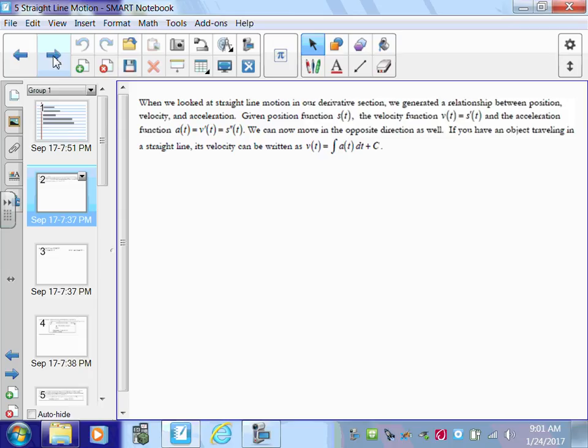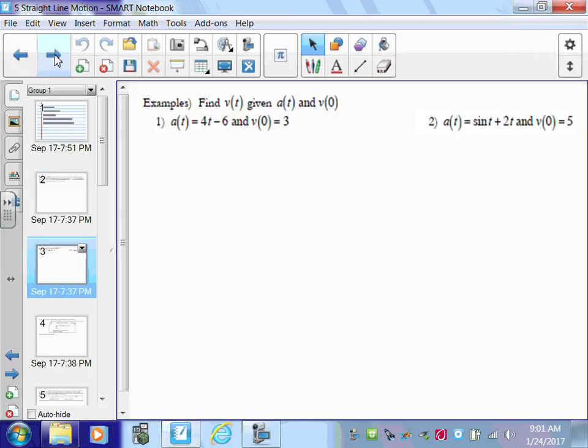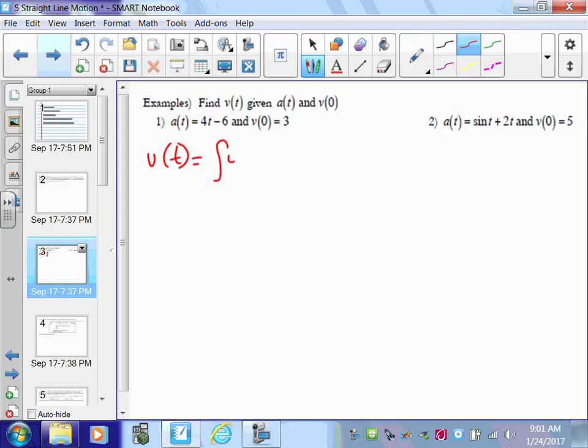All right, so here's one. Find v of t given a of t and v of 0. We know a of t is equal to 4t minus 6. So to get v of t, you would just take the integral of 4t minus 6 dt, which equals 2t squared minus 6t plus c.